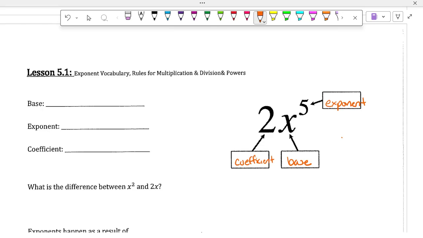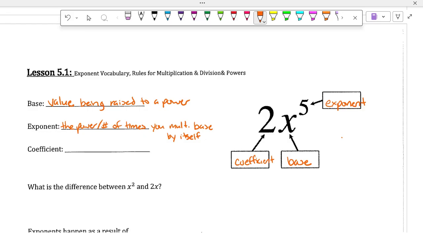So just to give some definitions, the base is always a value, so that can be either a variable or a number being raised to a power. The exponent is the power, or number of times you multiply the base by itself.